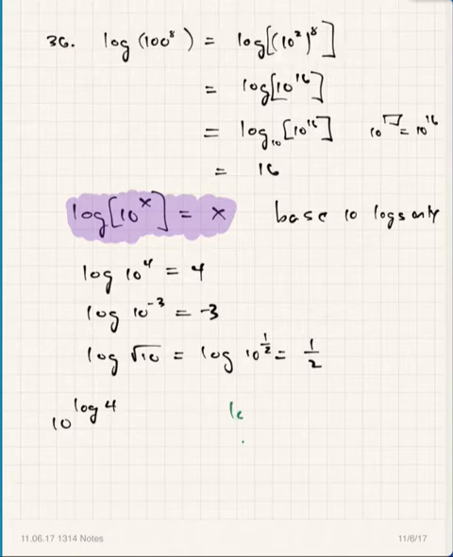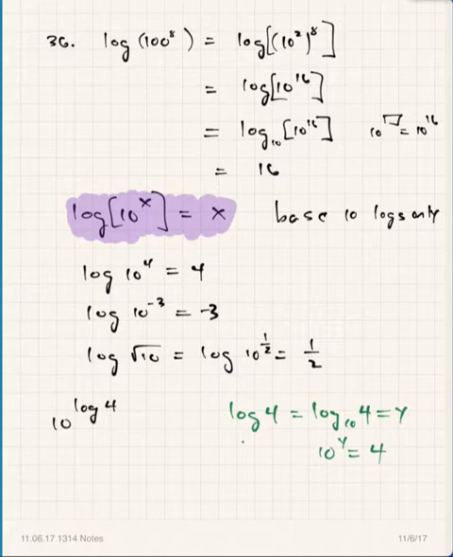Log of 4 is log base 10 of 4. And what does this represent? This represents the power you would raise 10 to get 4, right? That you know that if logarithm base 10 of 4 is equal to y, then what do you know here? That 10 to the y is equal to 4.